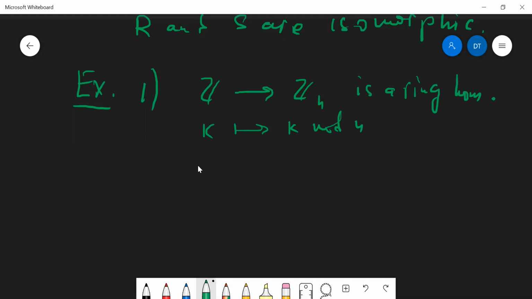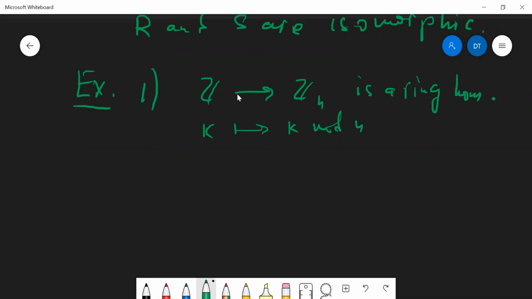Earlier we talked about Z with addition as an abelian group and Zn with addition as an abelian group, so we considered this map as a map of abelian groups. But now, if we add multiplication into the game, Z becomes a ring, Zn becomes a ring, and this map becomes a ring homomorphism.